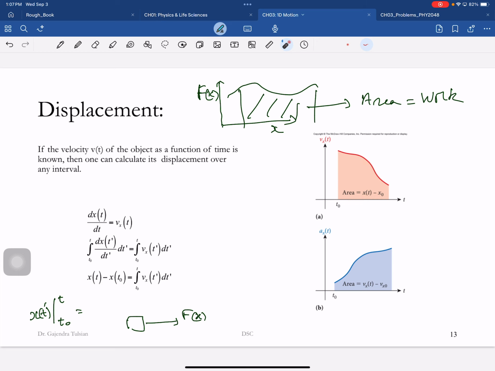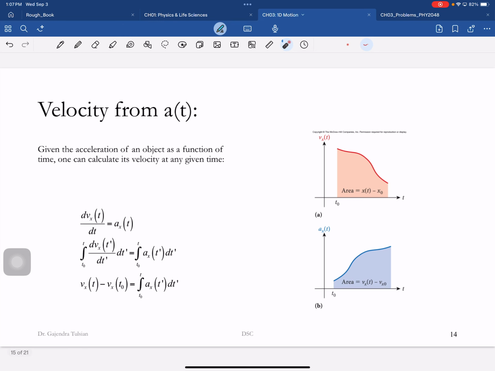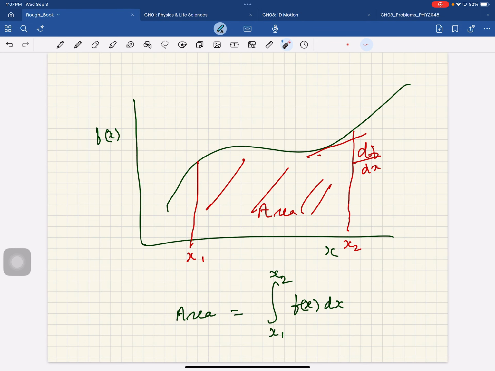And you can do similar things, and you will find that area under this curve is the change in velocity. Area under this curve is work. Well, you don't know this stuff yet, but that's what we're working towards. So again, what we've done is shown you examples.